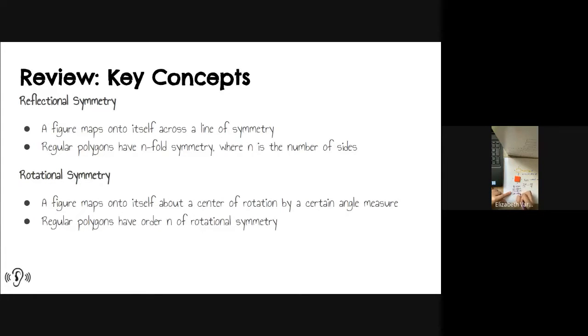So those are my 4 instances of rotational symmetry. Again, if I take this figure and rotate it 90, that's a rotational symmetry. Rotate it 180, yes. Rotate it 270, and rotate it 360. Are there any questions?